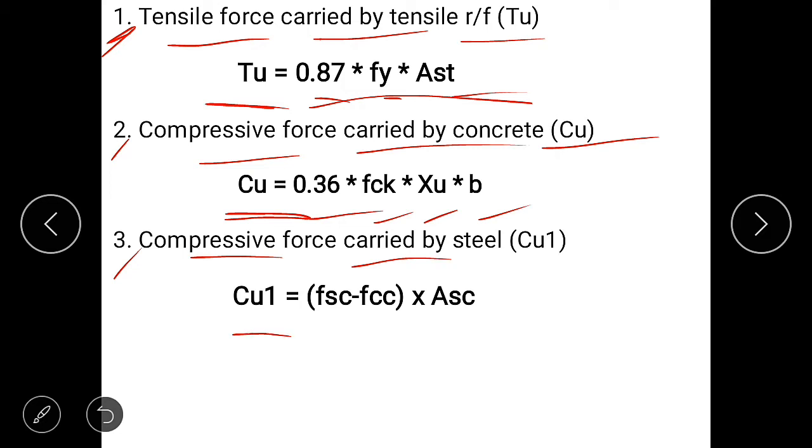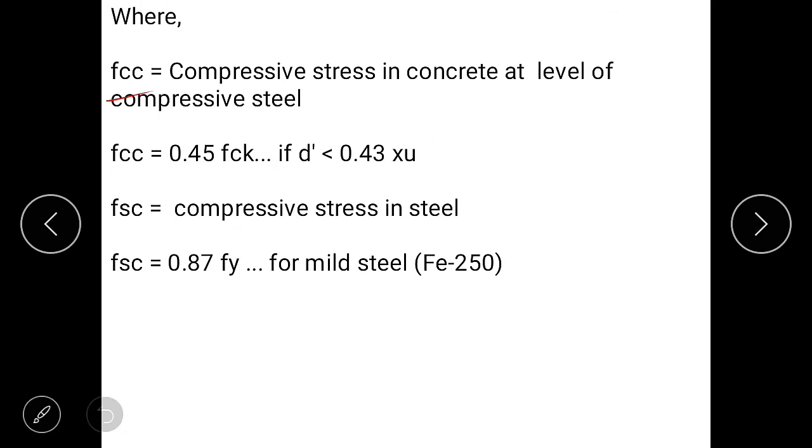So CU1 is equal to FSC minus FCC into ASC. What are FSC and FCC? FCC is the compressive stress in concrete at the level of the compressed steel.